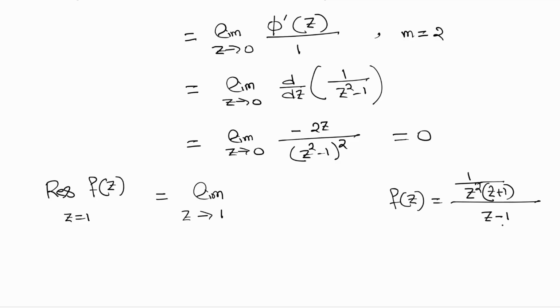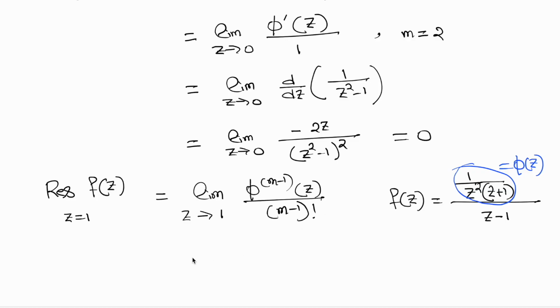The factor corresponding to this singular point 1 will appear in the bottom, and in this case we will treat this function as phi(z), and here we will have the (m-1)th derivative of phi divided by (m-1) factorial, and we know that z = 1 is a pole of order 1, that is m = 1.